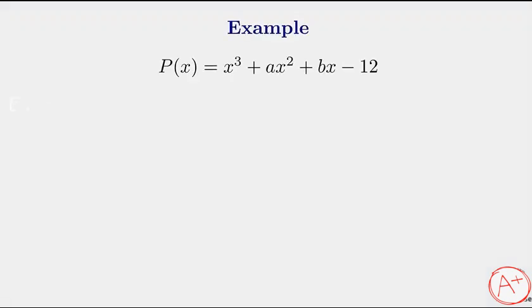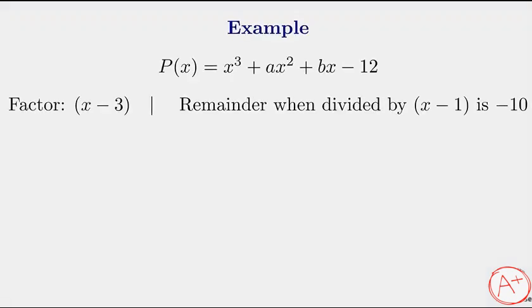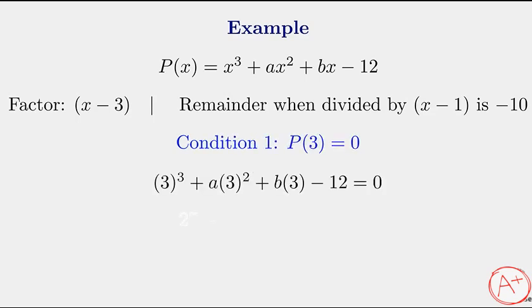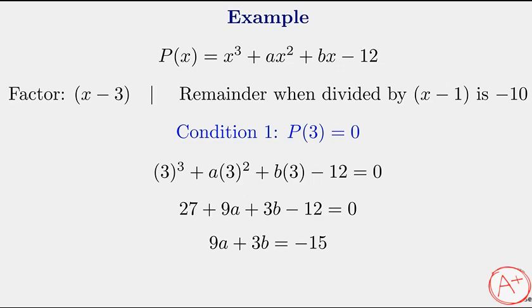Let's solve for a and b using the two conditions provided. Since x minus 3 is a factor, the remainder must be 0. Simplifying gives 27 plus 9a plus 3b minus 12 equals 0, which rearranges to 9a plus 3b equals negative 15. Dividing the entire equation by 3 to simplify, 3a plus b equals negative 5.